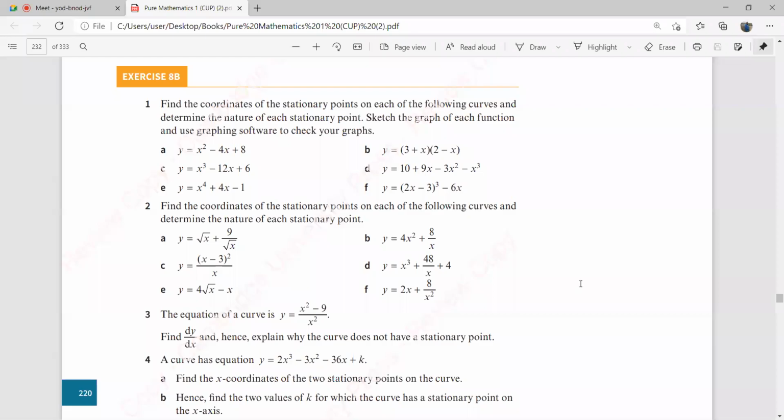So now we're going to talk about the method to determine if the turning point is a maximum or a minimum. Okay. So we need to recall, I'm going to repeat that again, that your first derivative, it can be dy by dx, or it can be f dash of x.